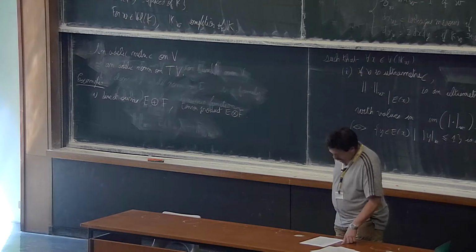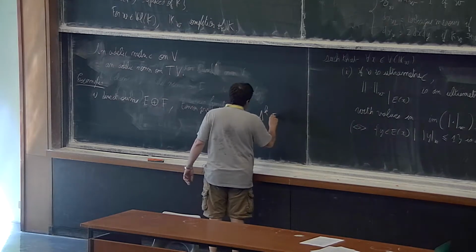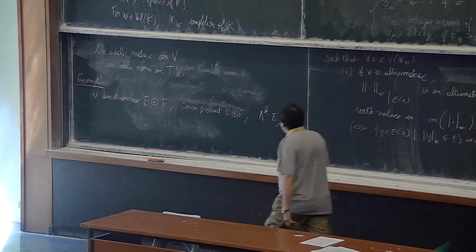And what else can we do? We can do the exterior product, lambda k of E as well. Again, it is exactly as in the lectures by Eric Gaudron.